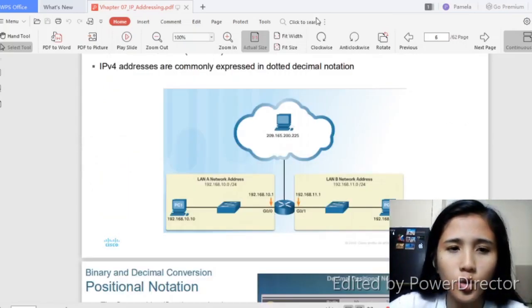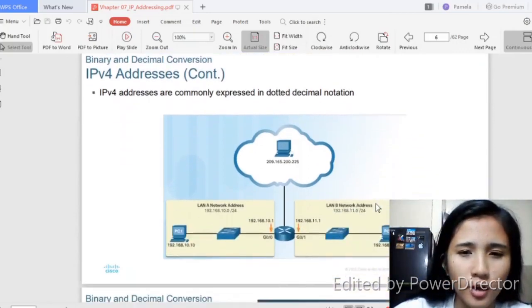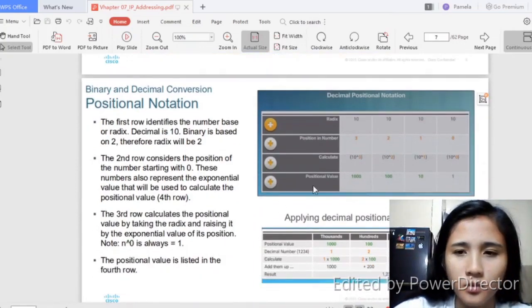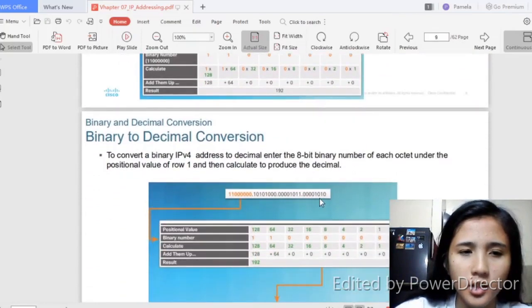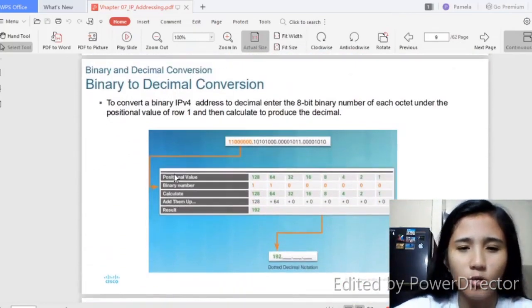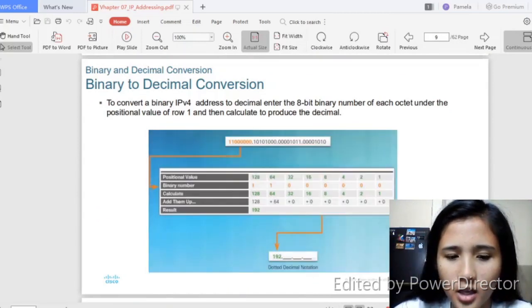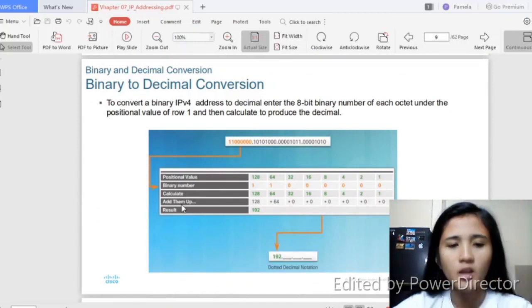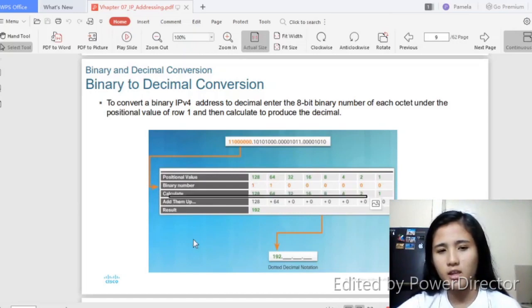So here we go to the converting. Let's do the conversion. This is the binary to decimal conversion. This is the line of the positional value, then the binary number, then calculate, add them up, and then the result.